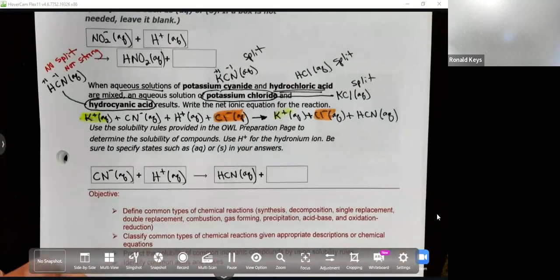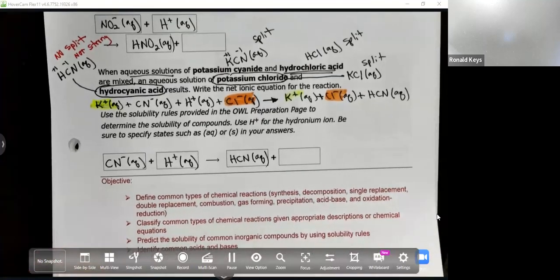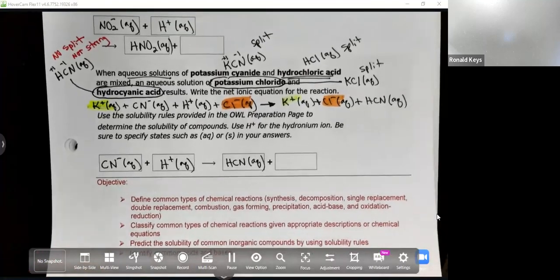So we did 3 OWL questions. They should match up pretty much what you end up opening in OWL. They should match up pretty darn well.